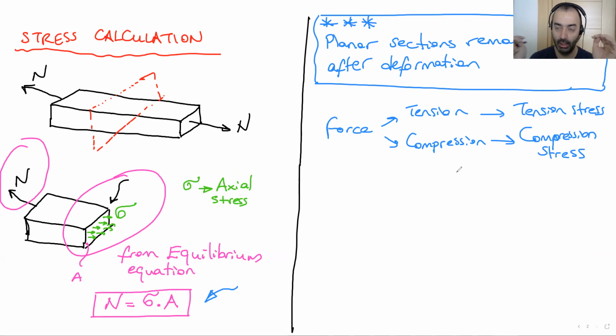Yes, we care, because we will check these calculated stresses with the allowable stress. For some materials, the tension allowable stress and the compression allowable stress are completely different. That's why we have to evaluate these stresses according to their type. That's why it's important.